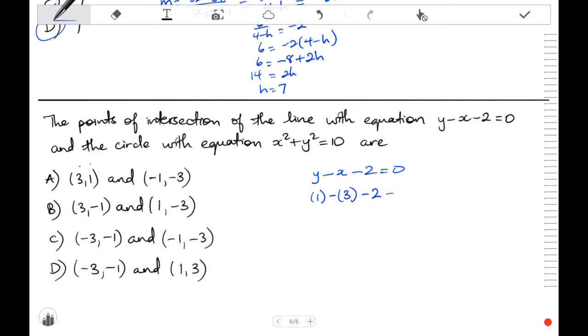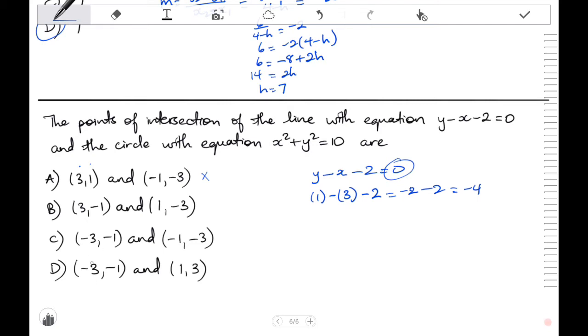Let's see what that value gives me. 1 minus 3 is minus 2. Minus 2 is minus 4. Now based on the equation, it's supposed to satisfy this equation. So when I substitute the x and y value, I'm supposed to get the value 0. So therefore, I can't use this pair of values, 3 and 1.